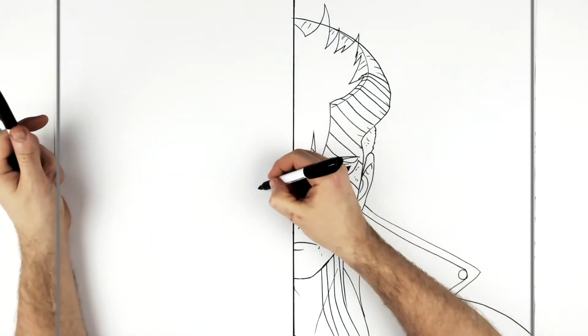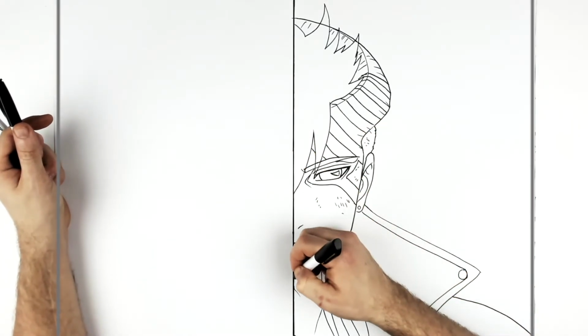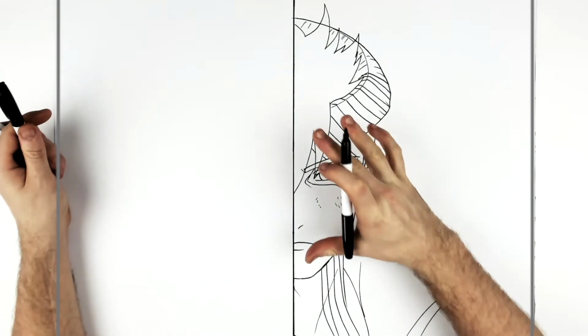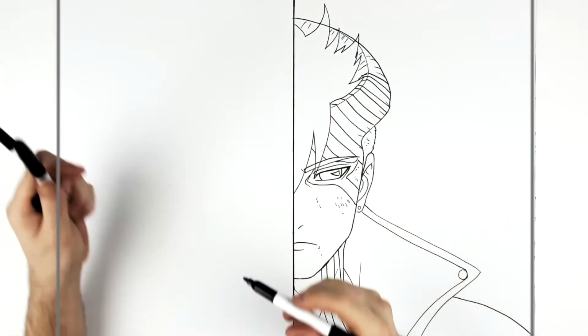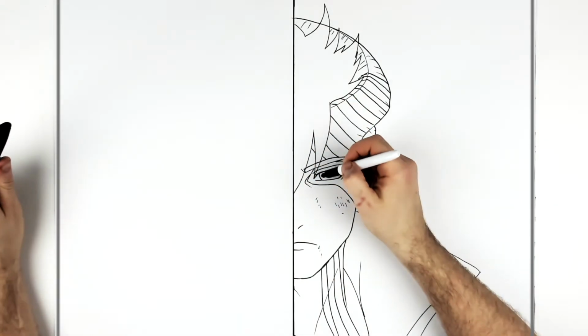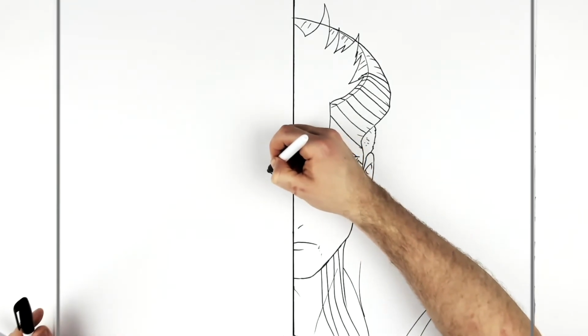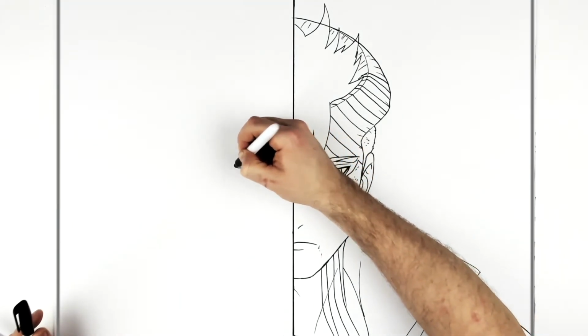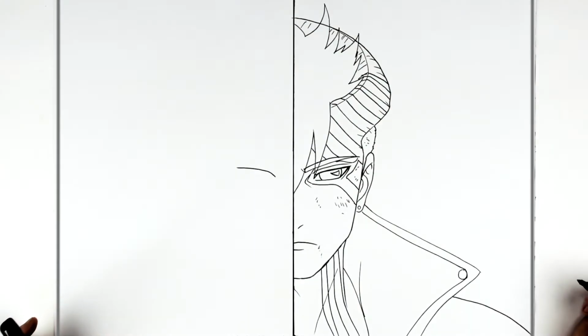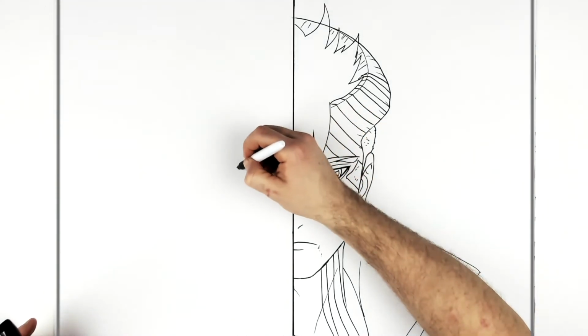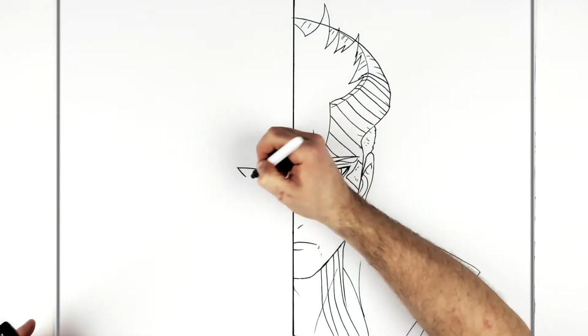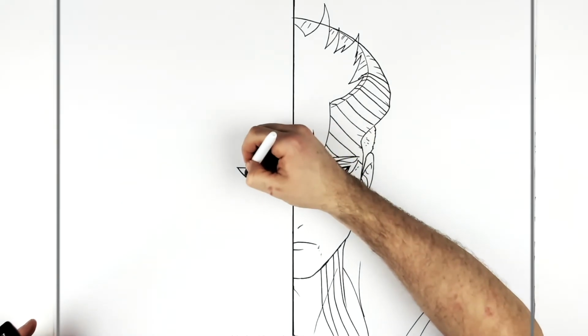Now, their eyes line up, and their chins kind of, but their nose and mouth don't, because Boruto's head is tilted backwards. So we have different proportions. So just across from the eye on this side, we'll do the same sort of thing, like so. And then this will hook down again, like that, and we will thicken it up a little bit.